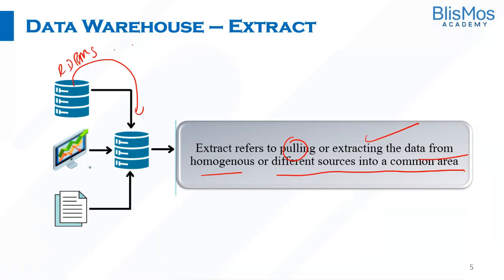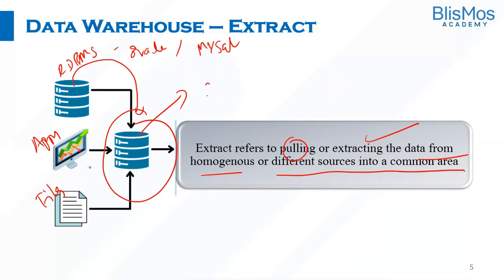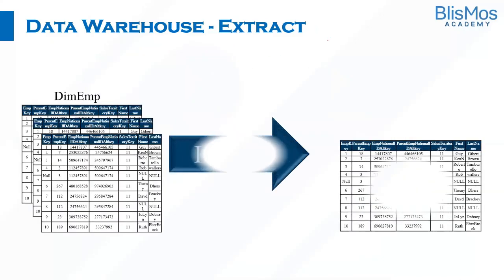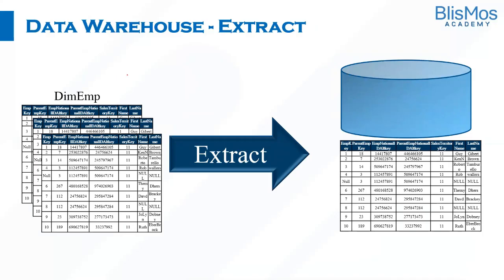RDBMS systems can be Oracle, MySQL, and many more. And we are pulling the data from applications also, and from files also, into a common area. We also call this common area a staging area. See here, we are getting the data from multiple sources like tables, files, it can be anything, into a common area called the staging area.